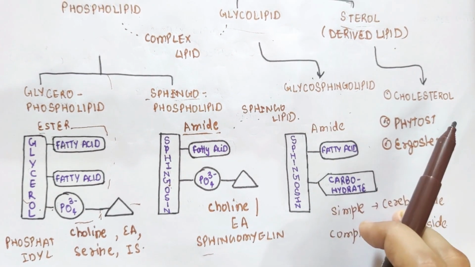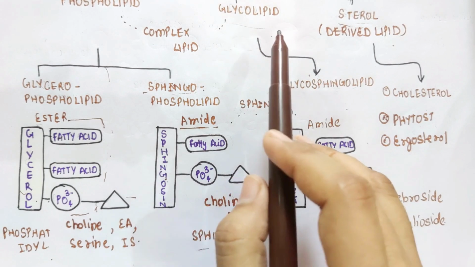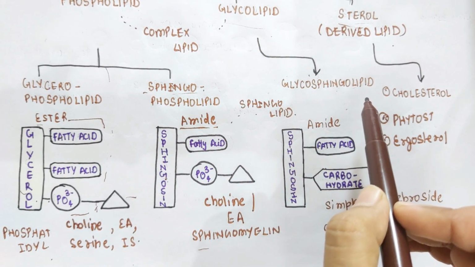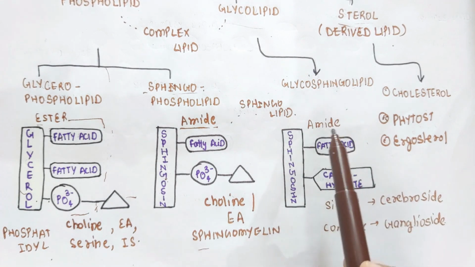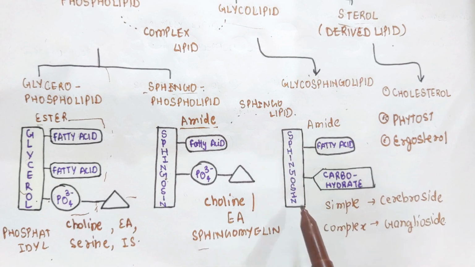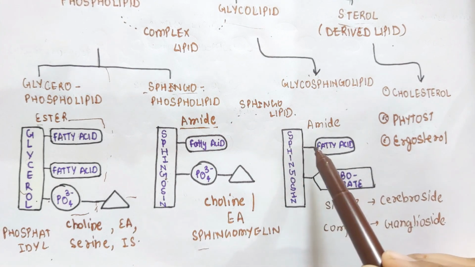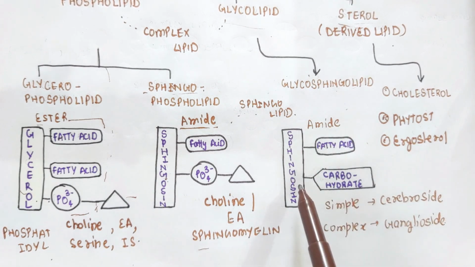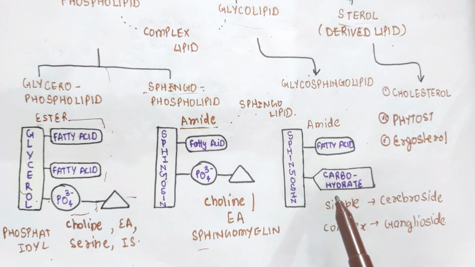Now, the second category, the glycolipid, is also classified as glycosphingolipid. Its structure is made up of a sphingosine backbone whose amino group is connected to a fatty acid by an amide linkage, and its primary hydroxyl is connected to a carbohydrate by a glycosidic linkage.